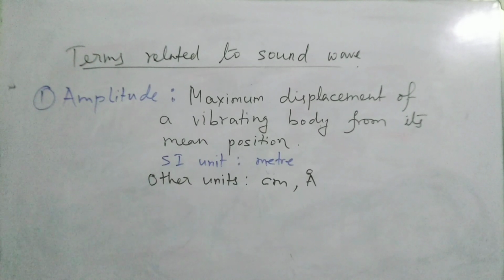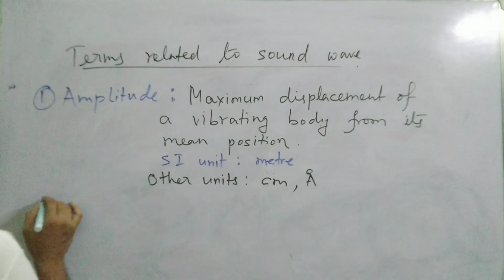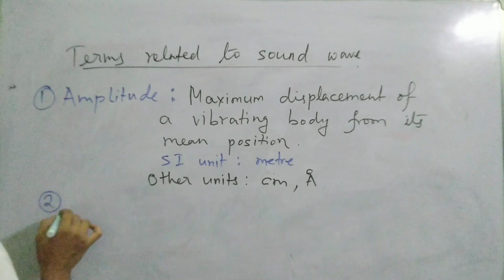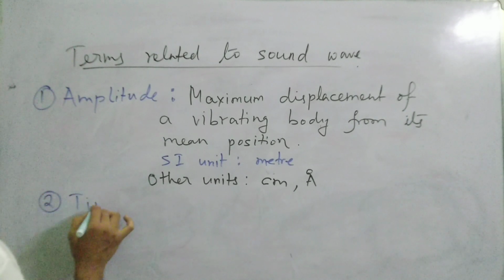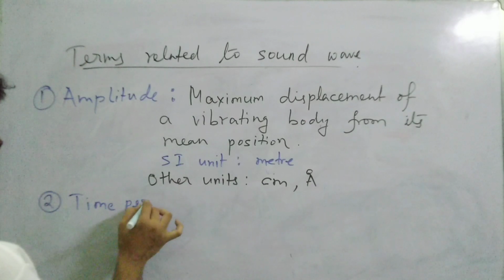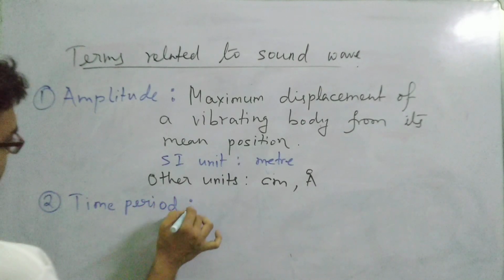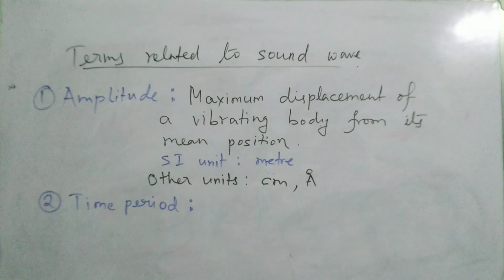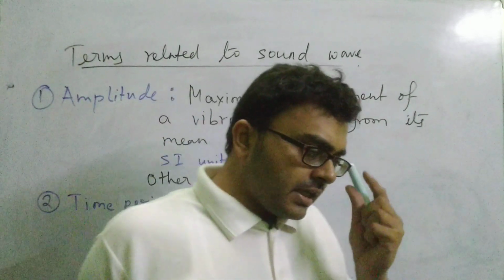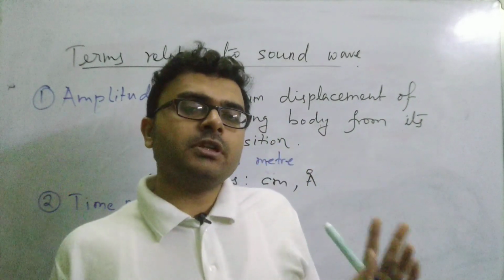Now, after amplitude, the second point is the time period. So what is time period? When vibration takes place, it takes a certain time to complete one vibration. Now, what do we mean by one complete vibration?